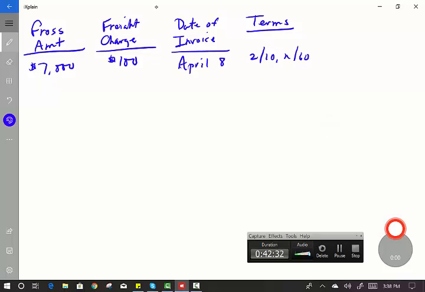And the date of payment is April the 15th. And we are going to find the amount of the discount and the net price on the invoice. So basically I am going to subtract out my freight charge. That's going to be the very first thing that I do.